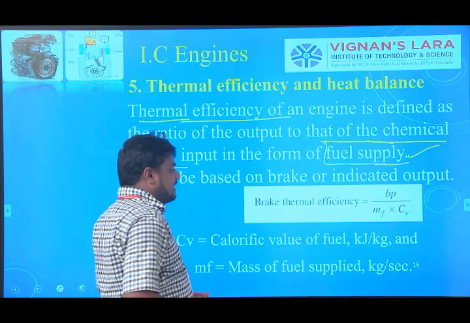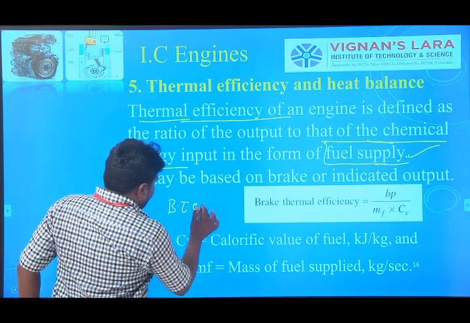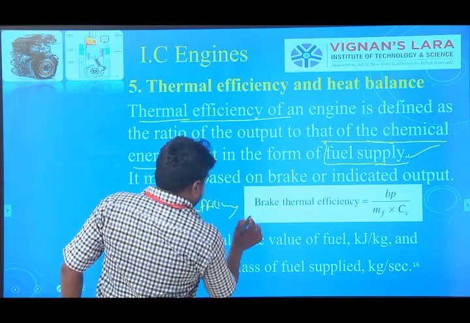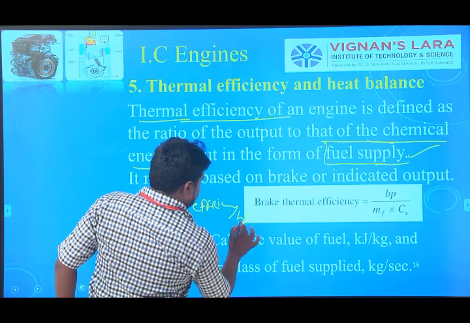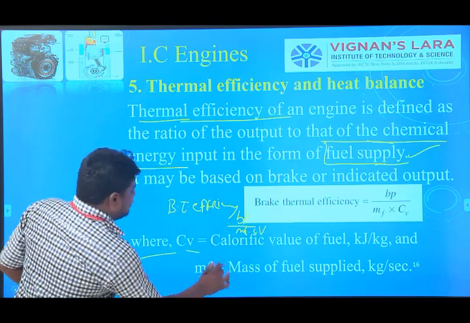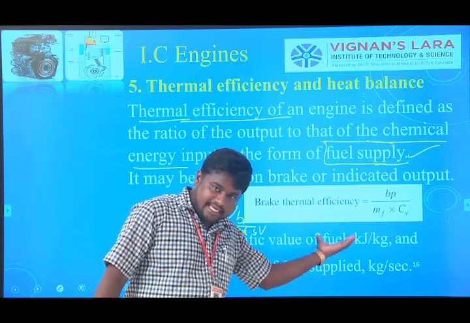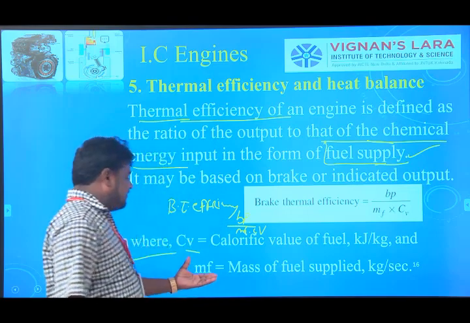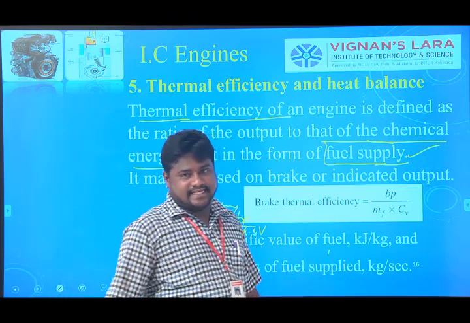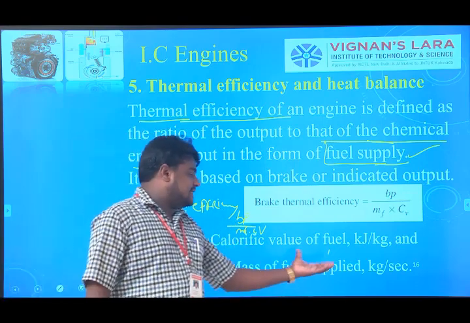Then the brake thermal efficiency is BP by MF into CV, where CV is the calorific value of the fuel, in kilojoule per kg, and MF is the mass of the fuel supplied, in kg per second.